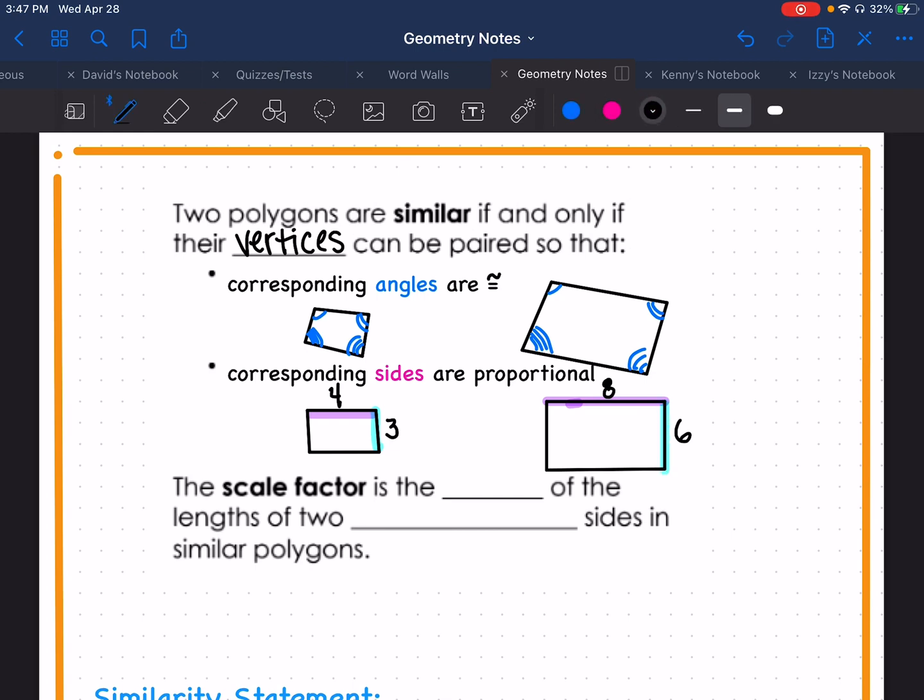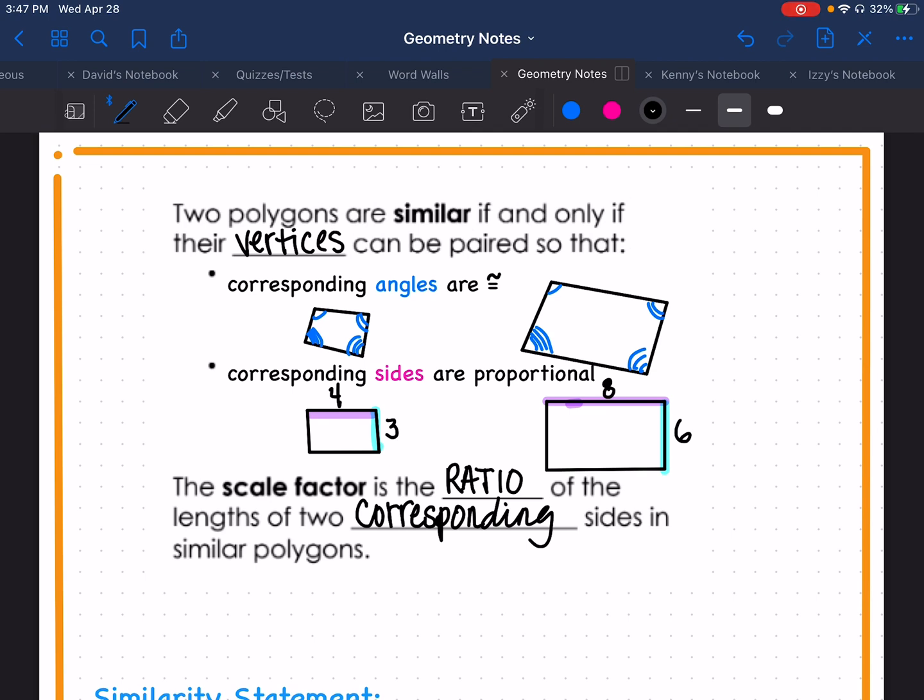So I can make a ratio of that. If I were to take the two blue numbers, I can make a fraction that would reduce to the same as the two purple numbers. Okay, this is called a scale factor. This is the ratio of the length of two corresponding sides in my similar figures.